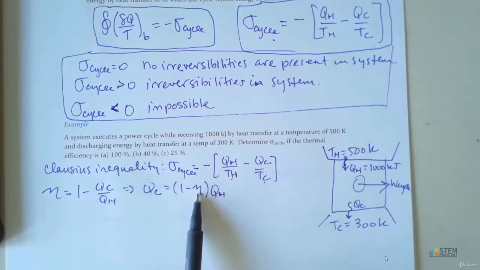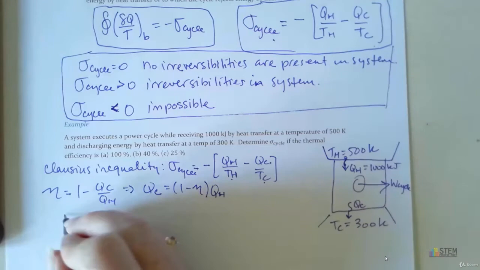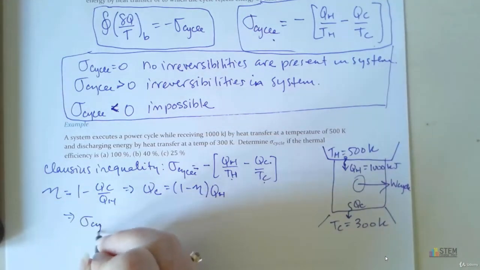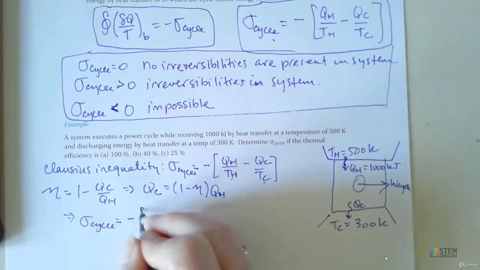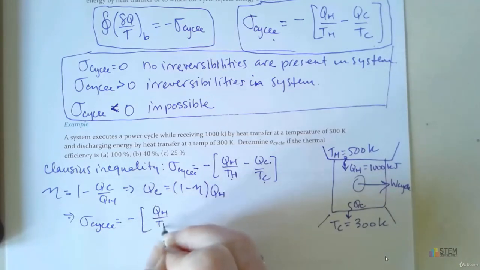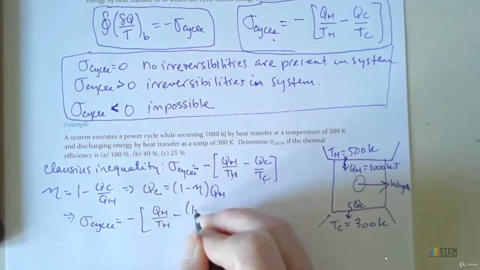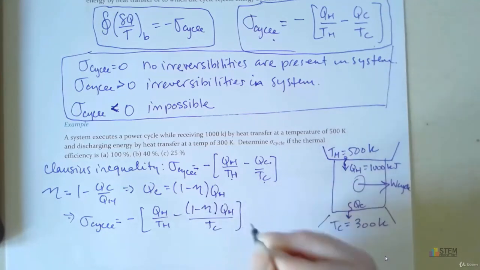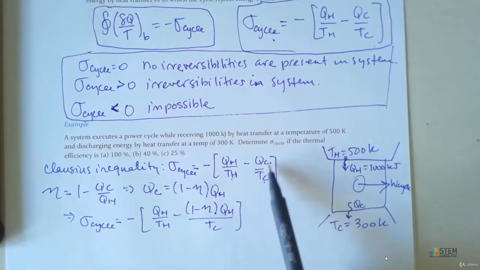We just need to plug those in here, and then that'll give us our QC. So then let's write our new sigma equation. Sigma cycle will be negative QH over TH minus (1 minus eta) QH over TC. So this is what you get when you plug in QC right here.